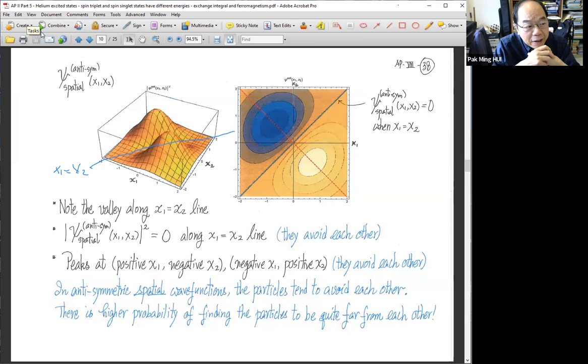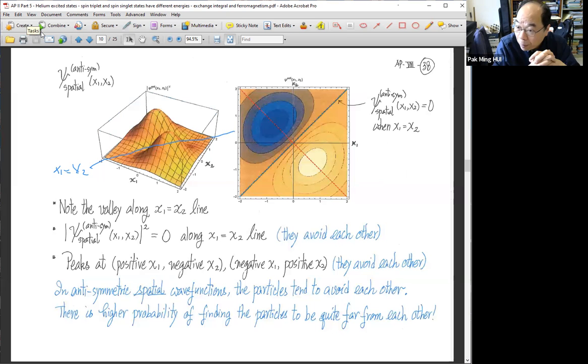That is to say, with an antisymmetric spatial part wave function, you have no probability of finding the 2 electrons at the same location. Even if you look slightly farther away from this line, the wave function squared is not big.